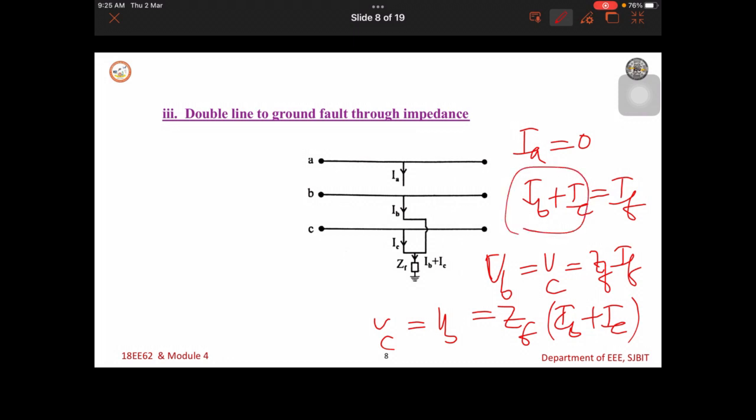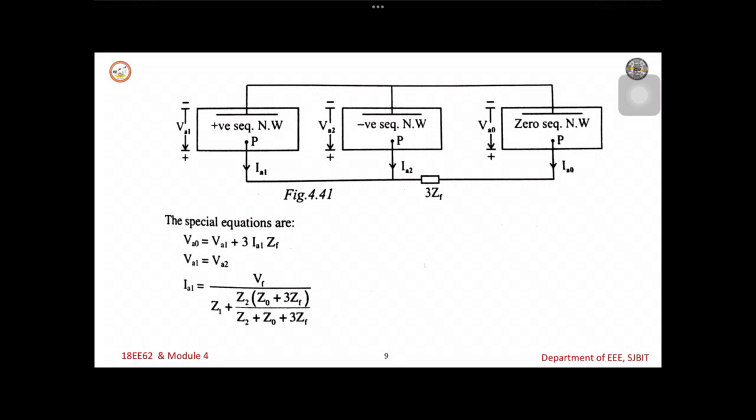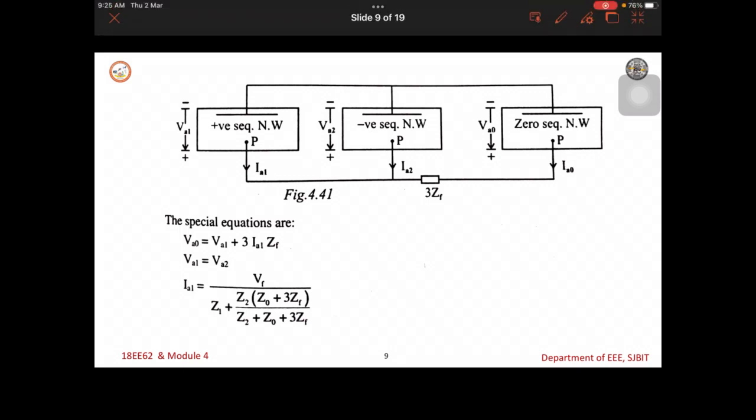Then we have to write the equivalent circuit of the sequence network and the fault current expression. It is proved from the previous session derivation that the positive, negative and zero sequence networks are connected in parallel, and between the negative sequence and zero sequence we have ZF.